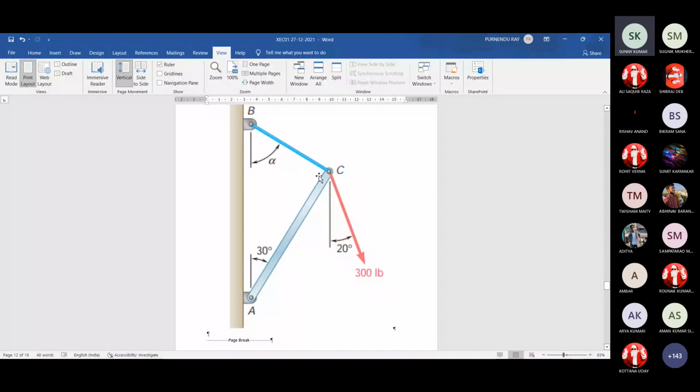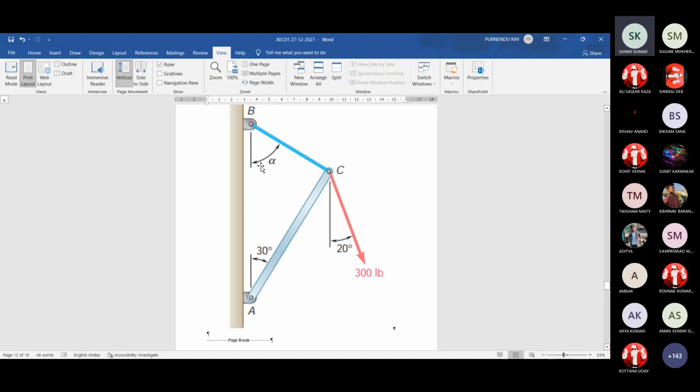So if it is said that the strength of this member is such that it cannot carry more force, as you see, this is quite a big section and it is thin, so maybe it is weaker. So if that limit is given, you have to find the value corresponding to that given magnitude of this force for this angle alpha.